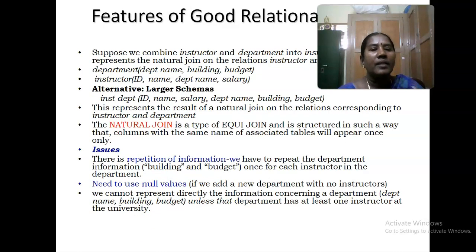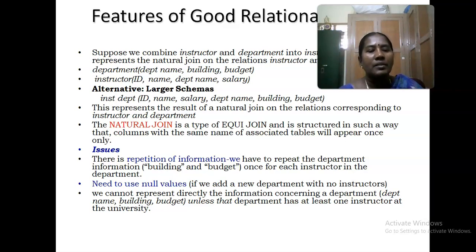Next, we can determine the features of a good relational schema. Relational schemas are designs. Suppose we combine two different schemas. One schema is called department and another is a schema named instructor. Department consists of department name, building and budget.